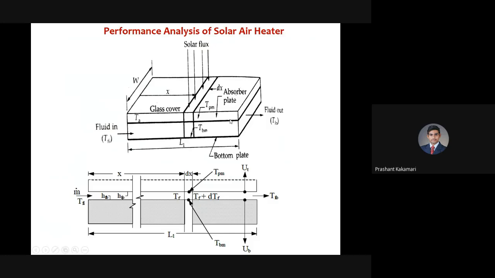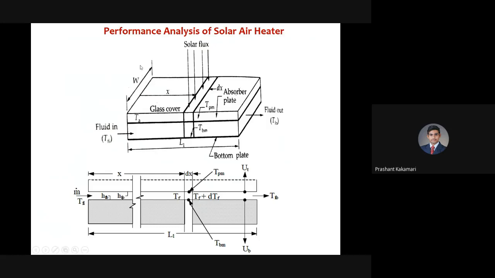After heating the absorber plate, the bottom plate is going to heat up by convection heat transfer from the air to the bottom plate, and also by radiation. So there is radiation heat transfer between the absorber plate and the bottom plate.